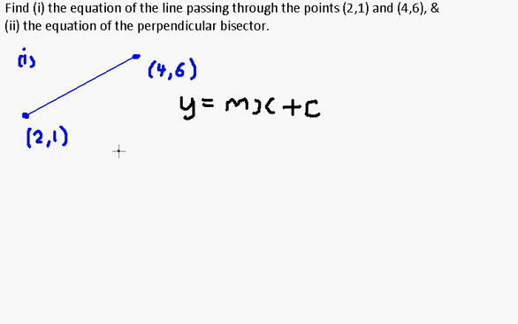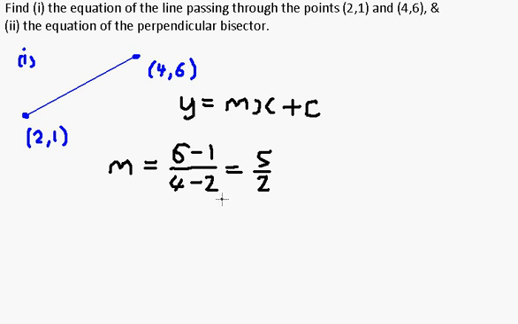The way to do it is to work out the difference in the y's divided by the difference in the x's. So m is going to equal 6 take away 1, all over 4 take away 2. So we get 5 halves. So m is equal to 5 halves.